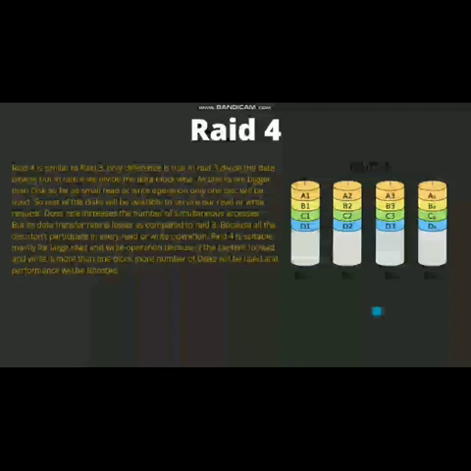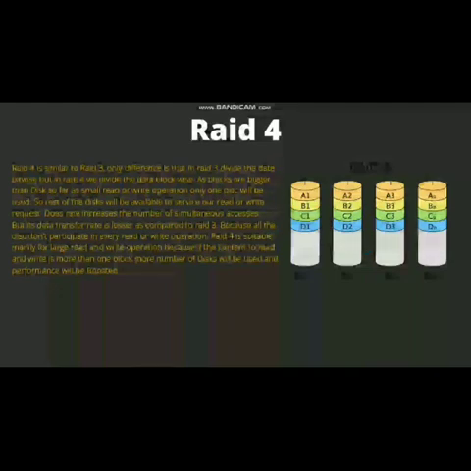RAID 4 is similar to RAID 3. The only difference between RAID 3 and 4 is that in RAID 3 we divide the data bitwise, but in RAID 4 we divide the data blockwise. As the blocks are bigger, for a small read or write operation only one disk will be used, so the rest of the disks will be available to service other read and write requests. This increases the number of simultaneous accesses, but its data transfer rate is less as compared to RAID 3.